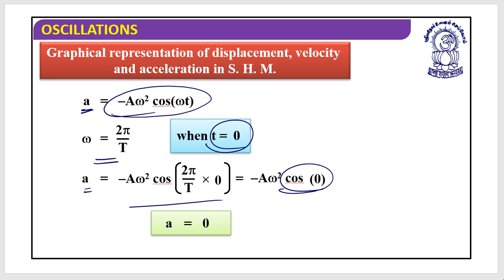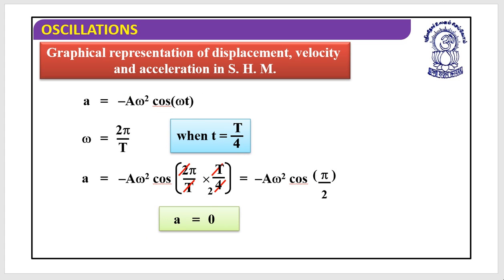This is cos 0 degrees, and if it is cos 0 degrees, the acceleration would be minus a omega square. Next is the instant when t is equal to T by 4, and this is simply minus a omega square into cos of 2 pi by T into T by 4.